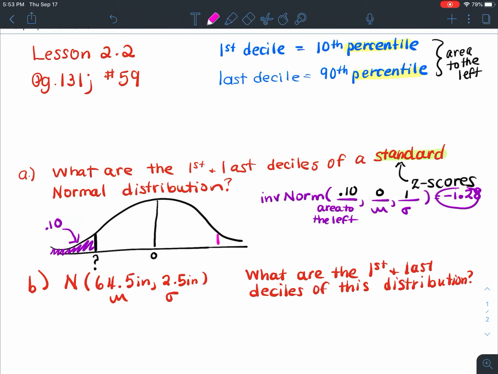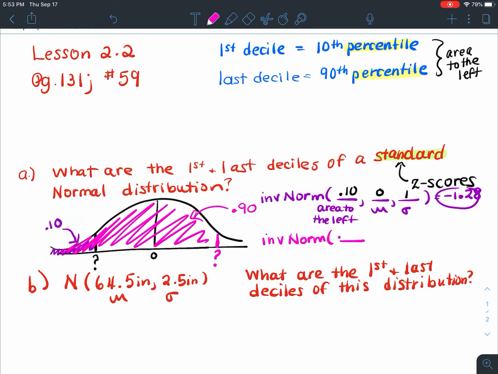Okay, and then I'm going to do the same thing here for the last decile. Now what's that z-score? But now everything to the left of that is 90%. So again, I'm going to do inverse norm. I'm going to put 0.9 here.